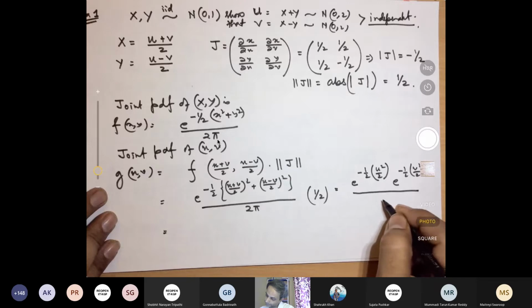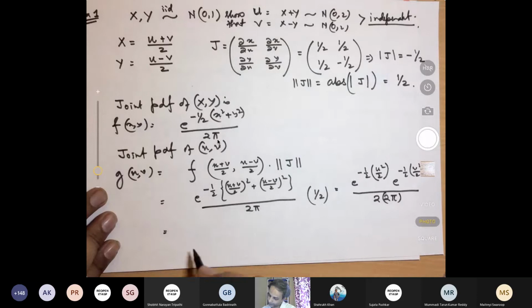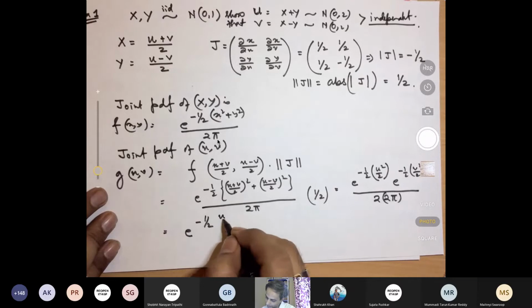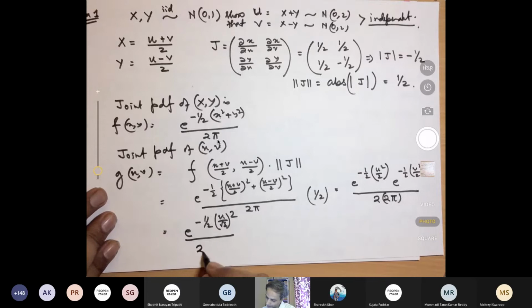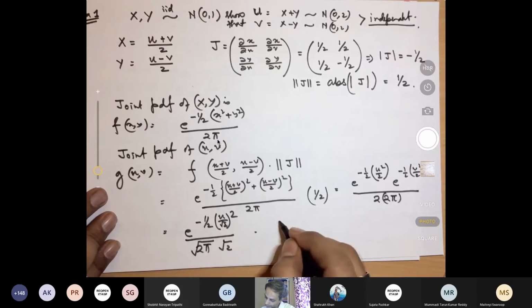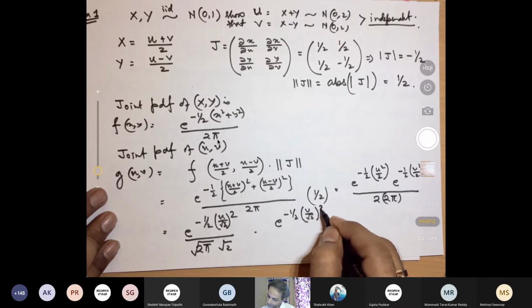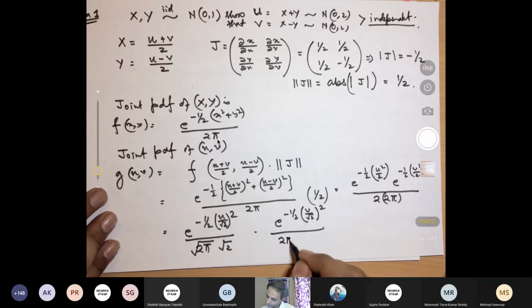Here you have 2 times 2 pi. So what you can write is e to the power minus half u by root 2 whole square divided by root 2 pi into root 2. Similarly, e to the power minus half v by root 2 whole square divided by root 2 pi into root 2.